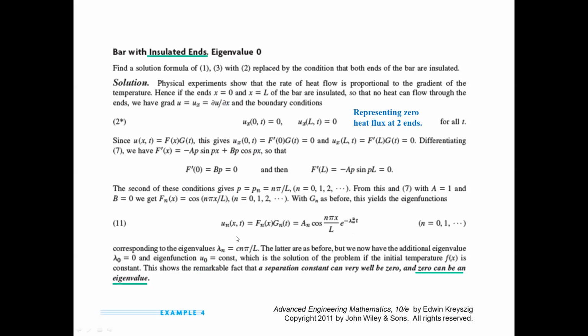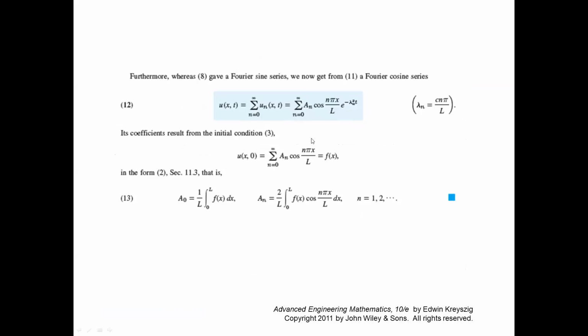For each u_n, we get a cosine function. And so the final form of the solution involving all possible u_n looks like this for the well-insulated case.